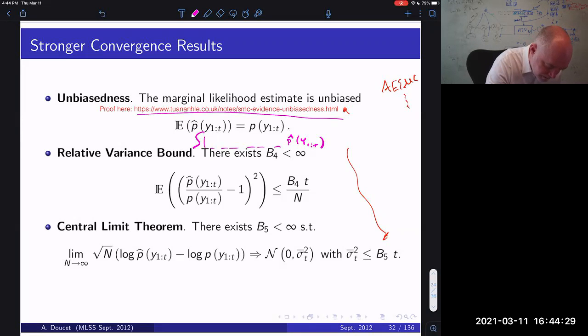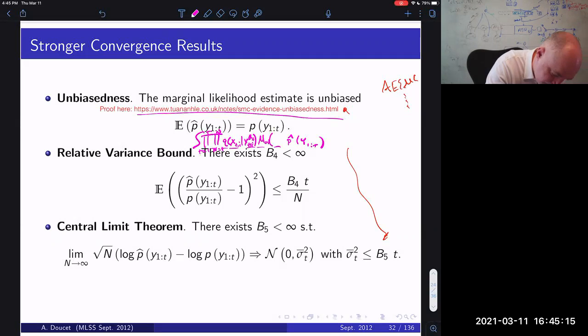But we know, for instance, that there'll be a product from t equals 1 to T, a product from n equals 1 to N, of q of x_t^i given x_{t-1}^i, and then the multinomial sample of the ancestor, which is what it came from.